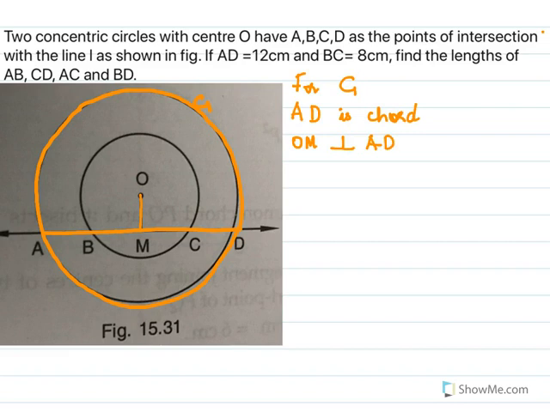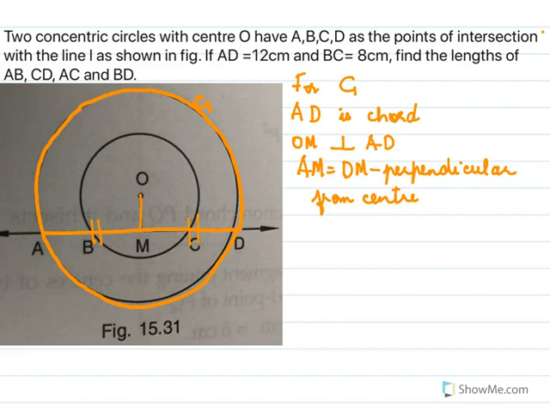So you know perpendicular from the center bisects the chord. So I have these two sides are equal. So I can write AM equal to DM, and the reason, perpendicular from the center bisects the chord.